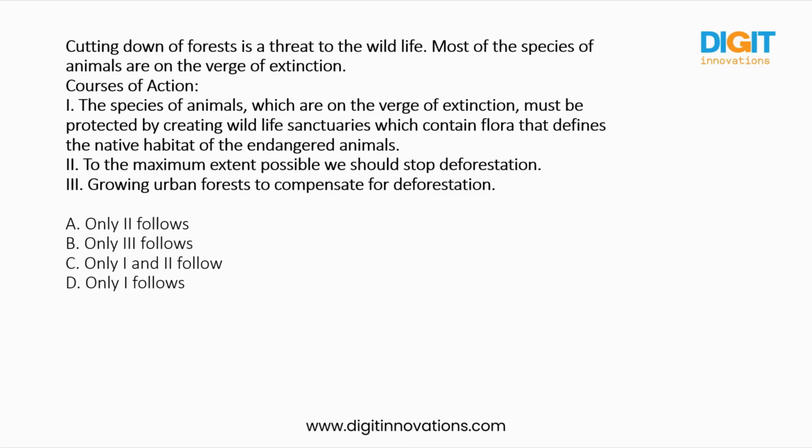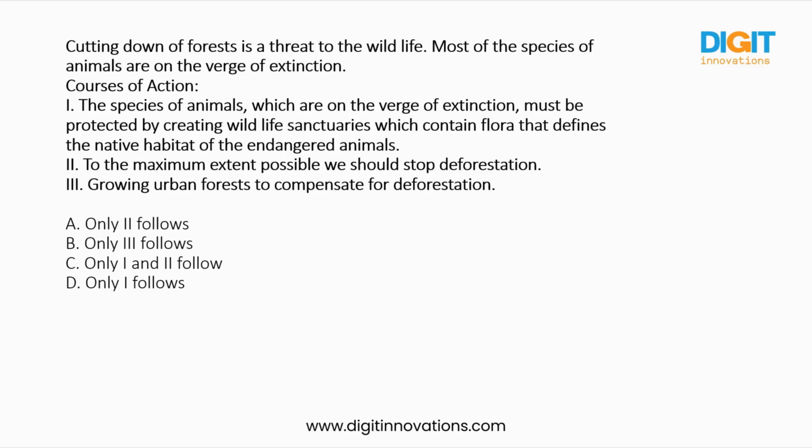I hope you are clear. The next one: cutting down a forest is a threat to wildlife. Most of the species are on the verge of extinction. So cutting down of forest will be a threat to wildlife. We already know that. And most of the species of animals are on the verge of extinction, due to deforestation, right?